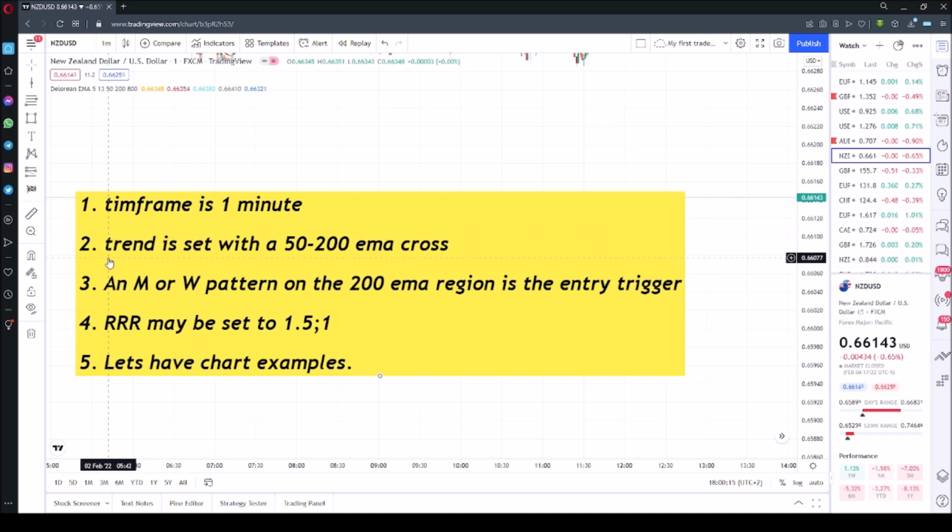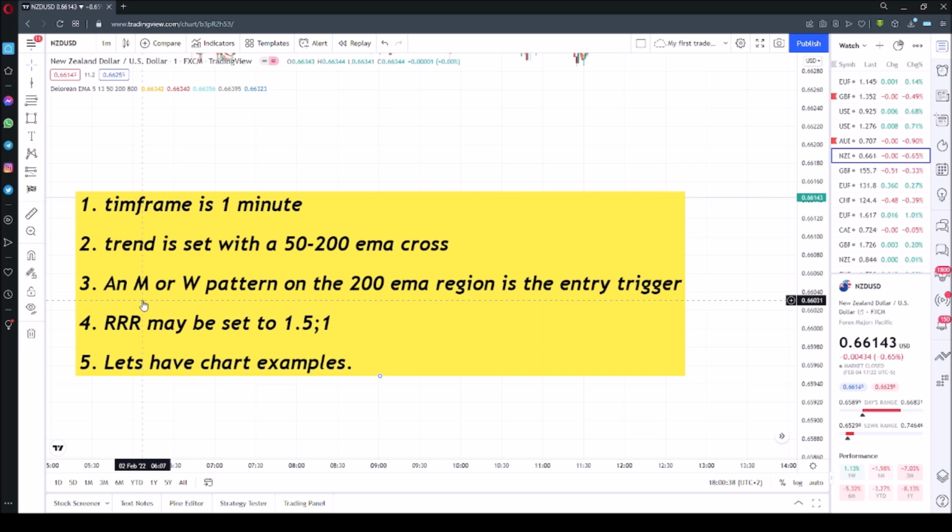Then number 2, the trend is set with a 50-200 EMA crossover. That means we are going to need 2 EMAs which are 50 and 200 exponential moving averages applied to close. The next instruction is an M or W on the 200 EMA region is the entry trigger.